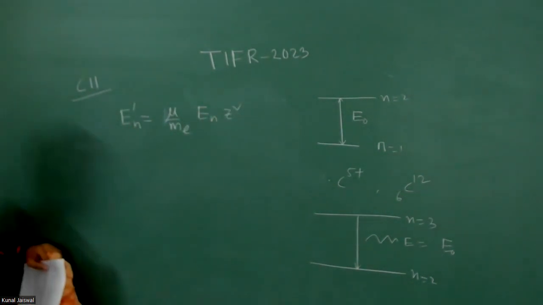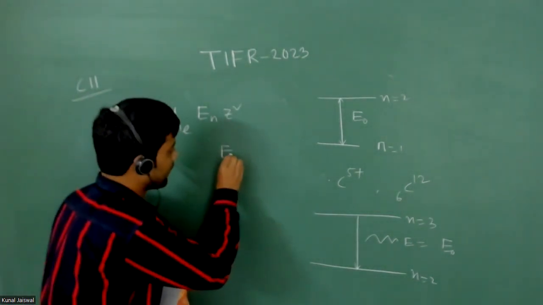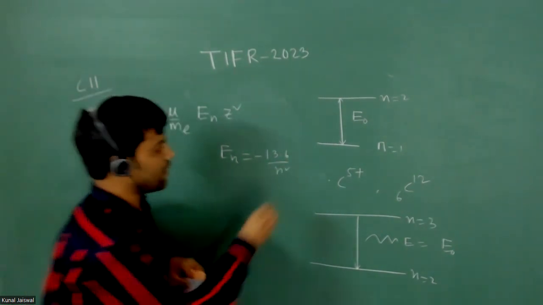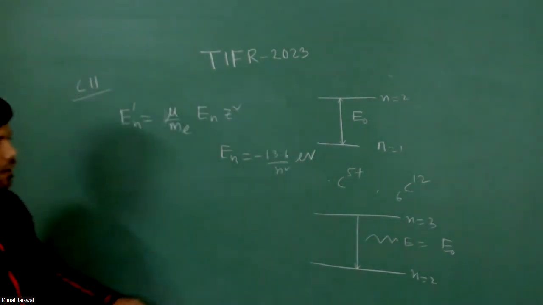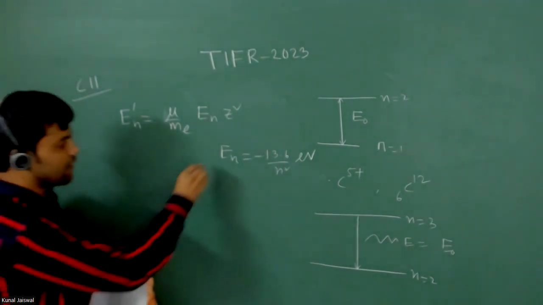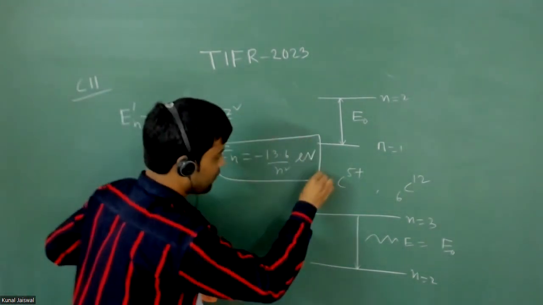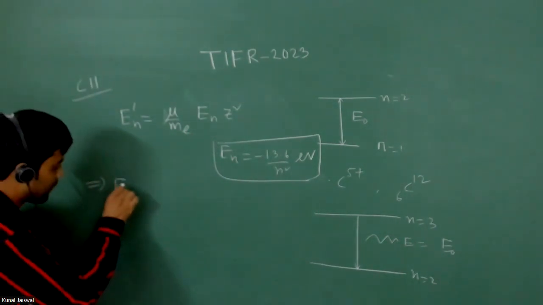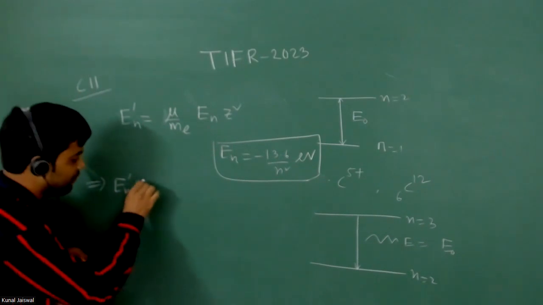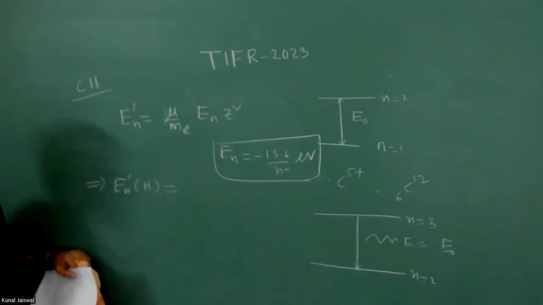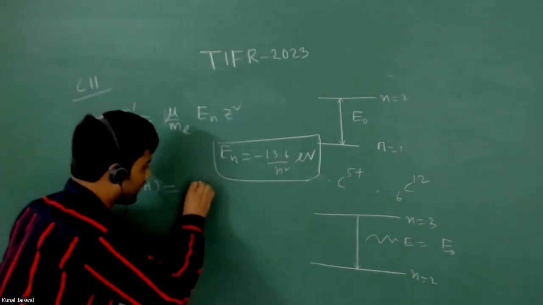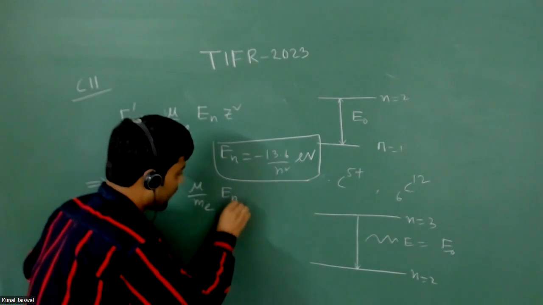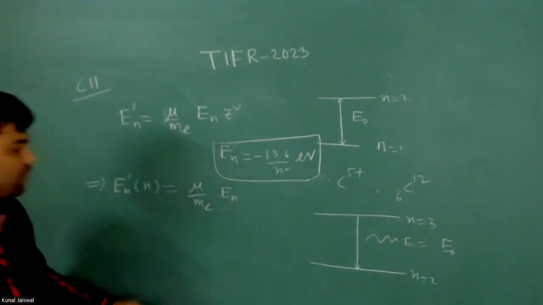This is the most general formula, where En is the energy of the nth state of a hydrogen atom having infinite nuclear mass, and Z is the atomic number. First, I'll write the nth state energy for the hydrogen atom. Here Z is one, so I can represent it as mu by me times En.